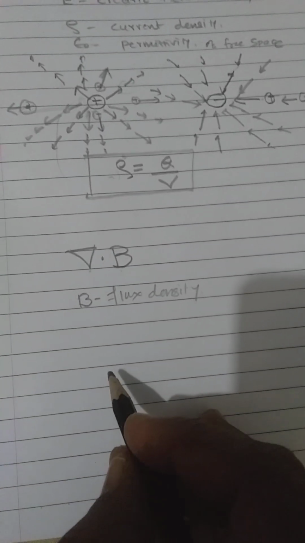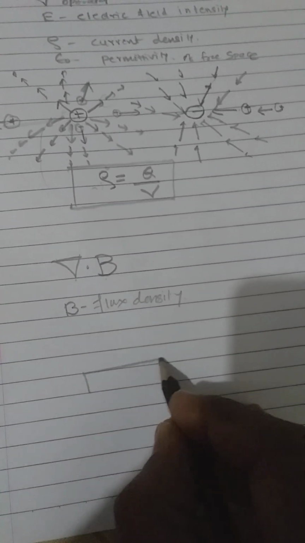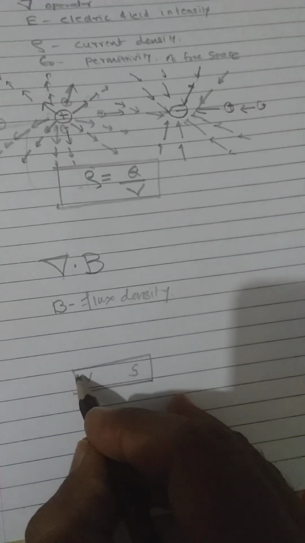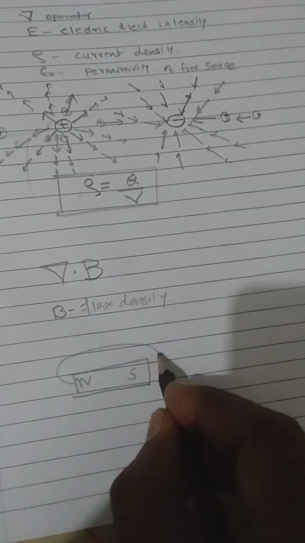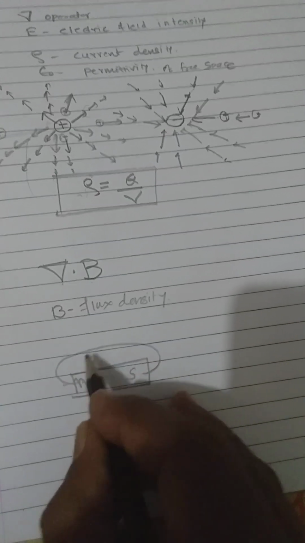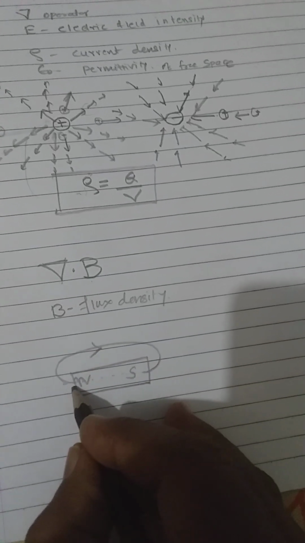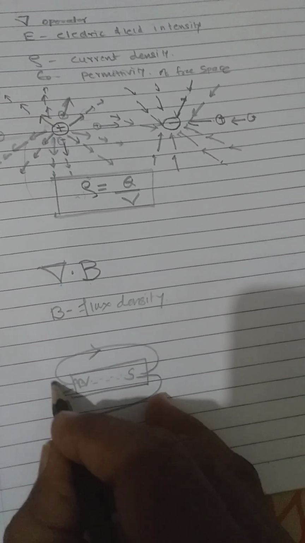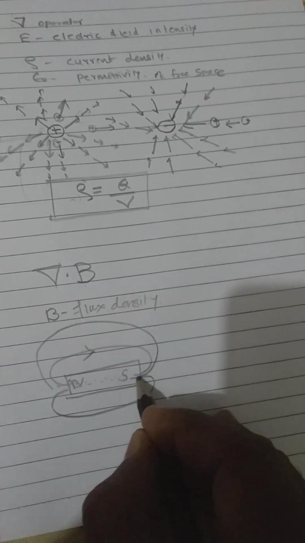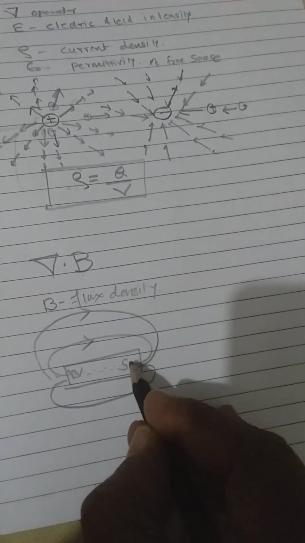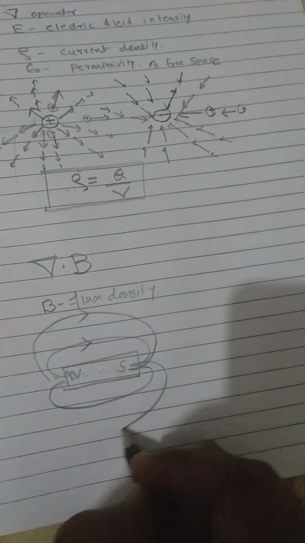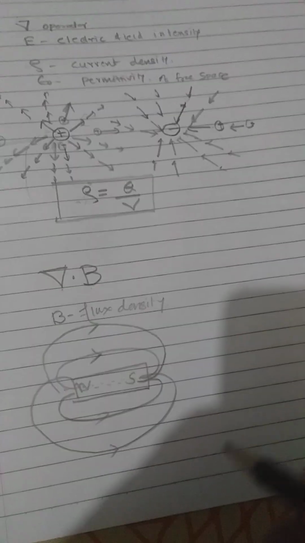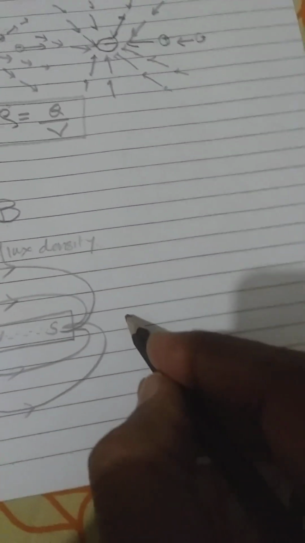So let us see a magnet and see whether the magnetic field is spreading out or spreading in, and you can see the magnetic field is neither spreading out nor spreading in.